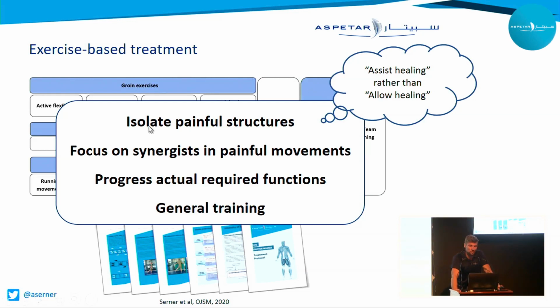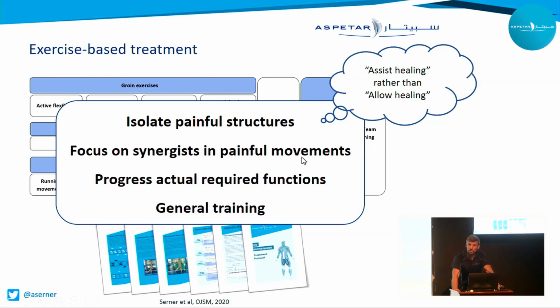What we want to do is isolate the painful structures. So we want to make sure that we're tracking the capacity, that we're training the individual injured muscle and assisting it in healing, but also testing the capacity when it's isolated. We want to focus on the synergists and the painful movements, and we know there are many potential at-risk moments, as we talked about before.